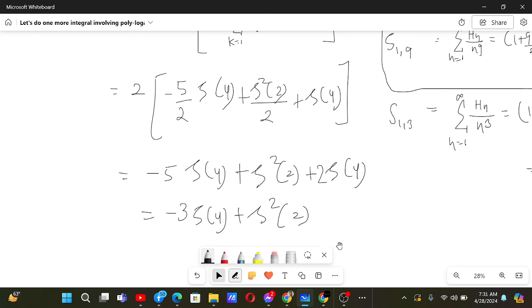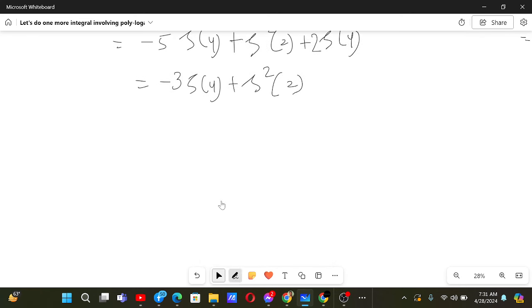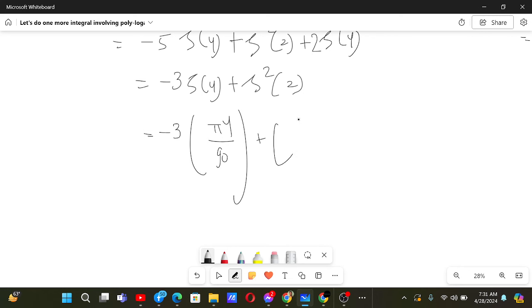Now we know the values for Riemann zeta of 4 and Riemann zeta of 2. Riemann zeta of 4 is pi to the power 4 by 90, and Riemann zeta of 2 is pi square by 6, and whole square. Now this is minus pi to the power 4 by 30 plus pi to the power 4 by 36.